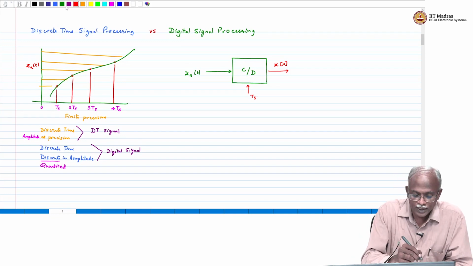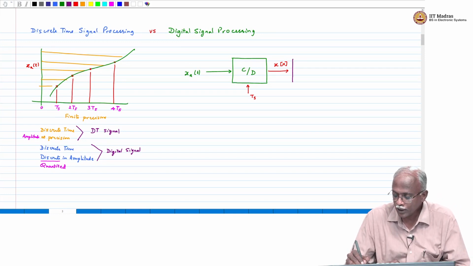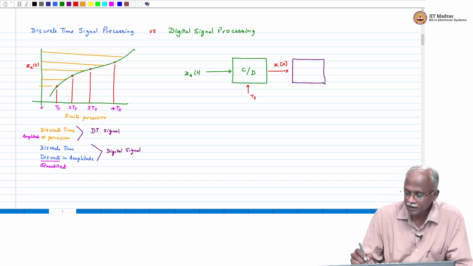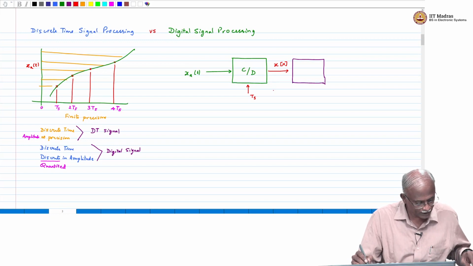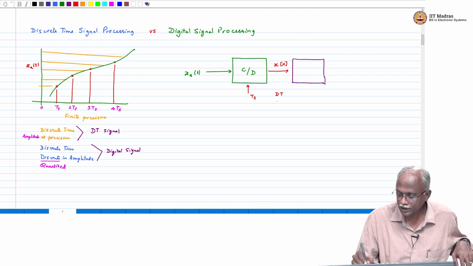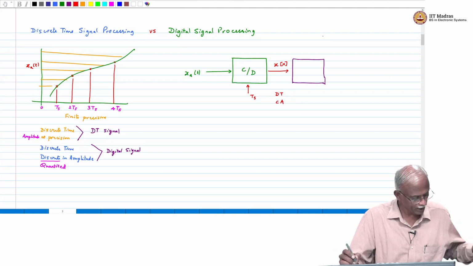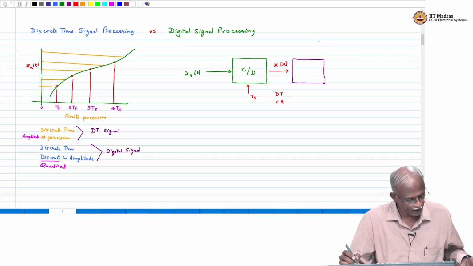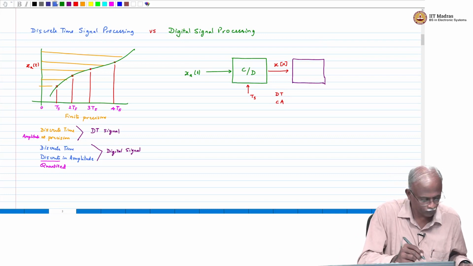And if you then pass this through a quantizer, at this point the discrete time signal is discrete in time, but it is continuous in amplitude. So let me write down a reference notation for this.